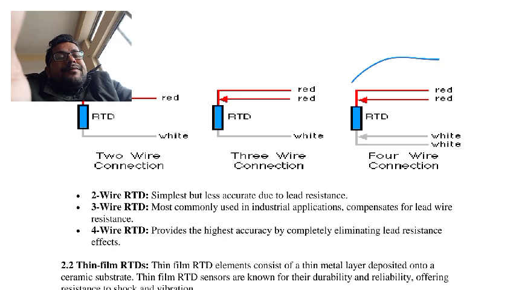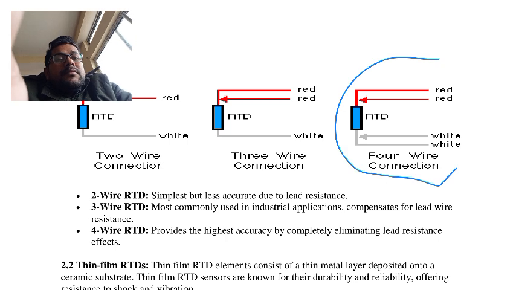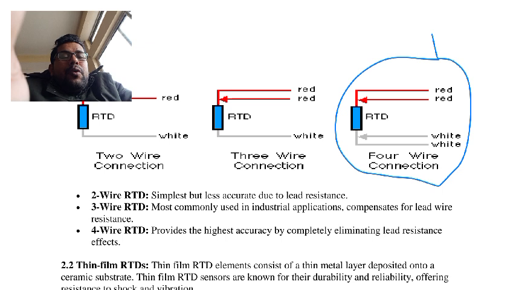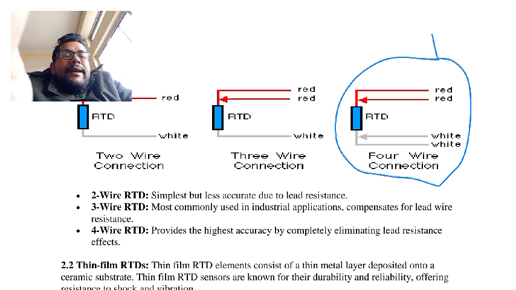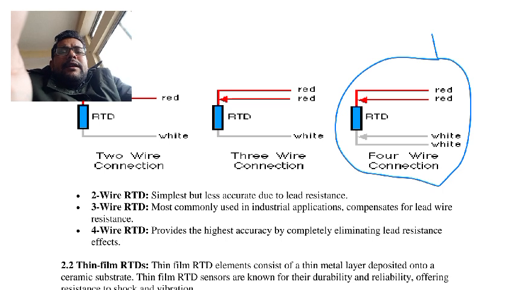Fourth is the 4-wire RTD, which provides the highest accuracy by completely eliminating the lead resistance effect. Whenever we want more and more accurate resistance measurement, even though the cost is very high, that time you can use the 4-wire.